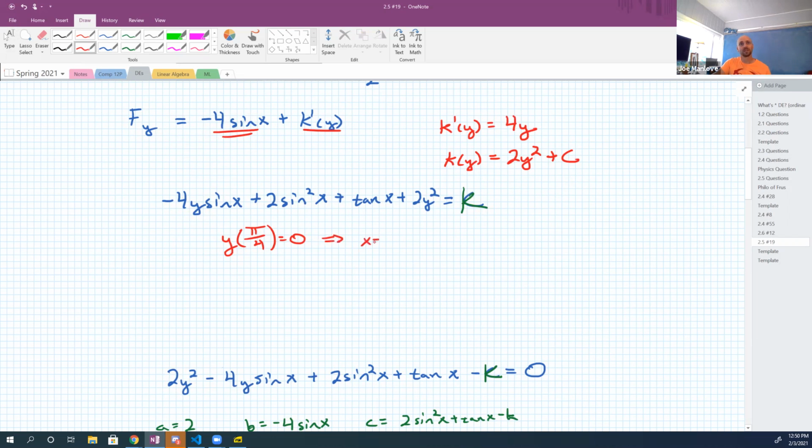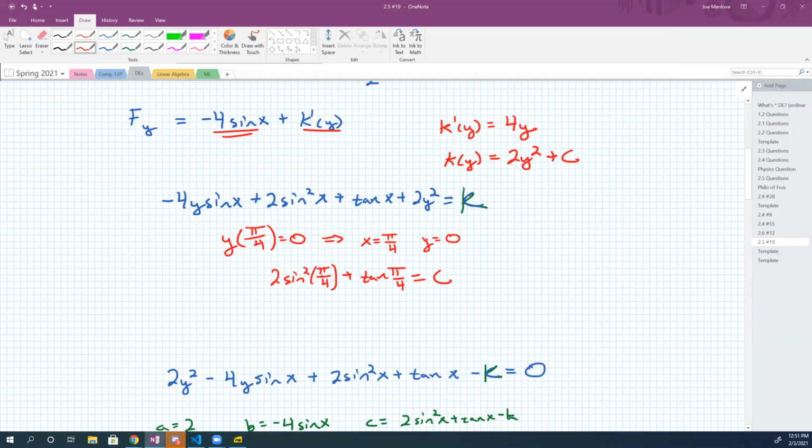That implies y is 0. So when I plug these two numbers in there, this term with the y in it is going to go away. And so I'm going to have 2 sine squared of pi over 4 plus tangent of pi over 4 plus 0, equals c.